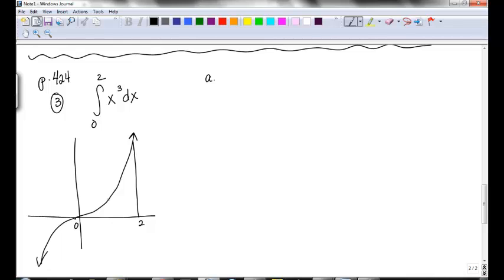They told us 4 subintervals. So from 0 to 2, divide that in half. So that's 1. Divide that in half. So that's got to be x value 1/2. The next x value would be 1 1/2 or 3/2. Does that make sense? I'm just listing the x values. What's the width of each one of those subintervals? 1/2, right? And you can figure that too.